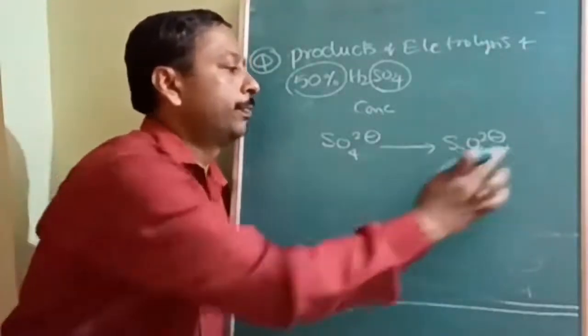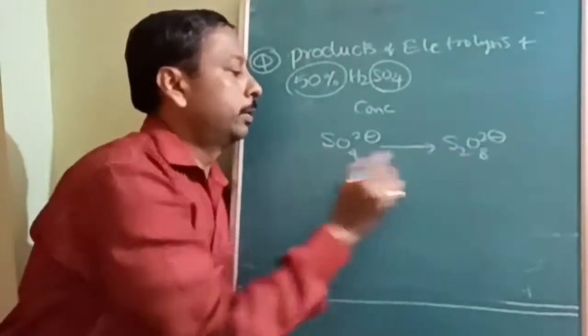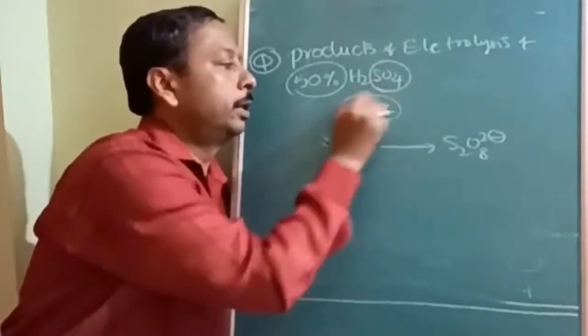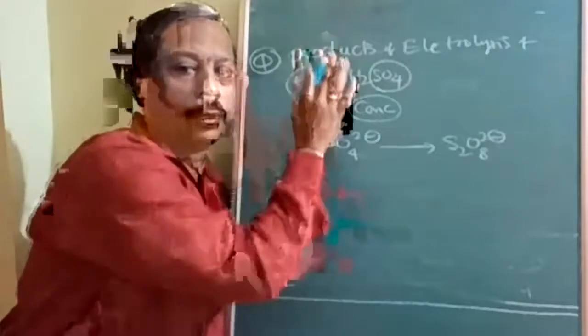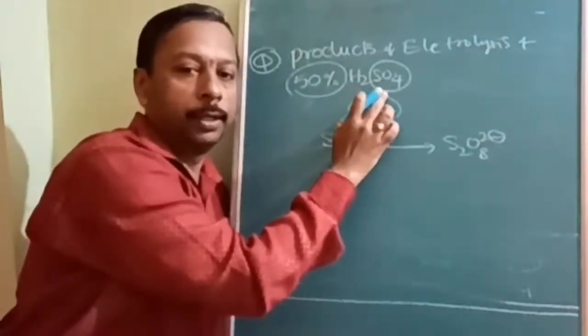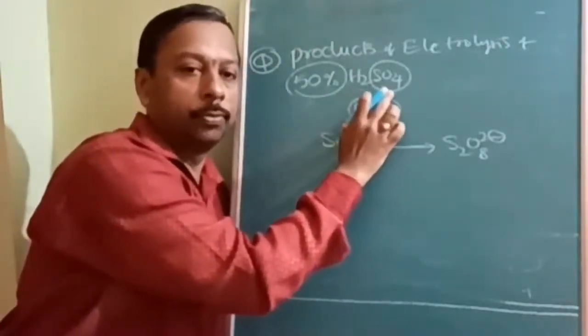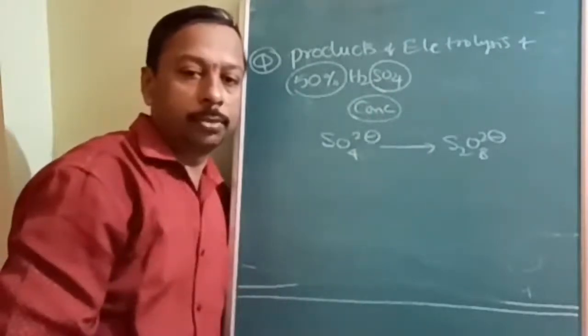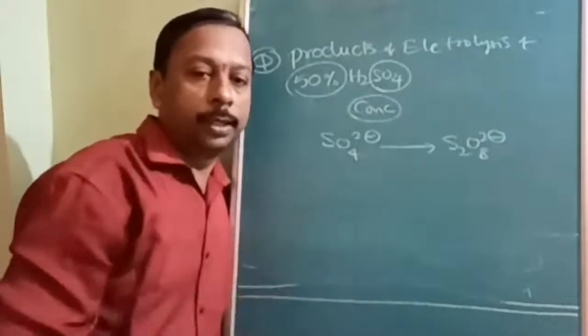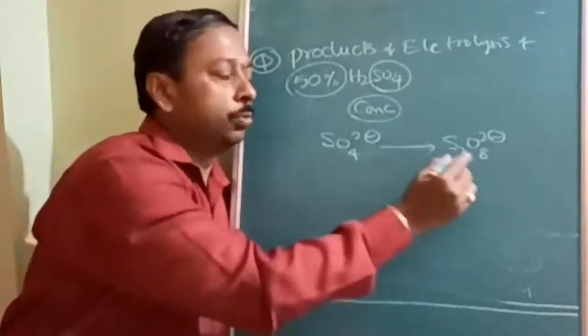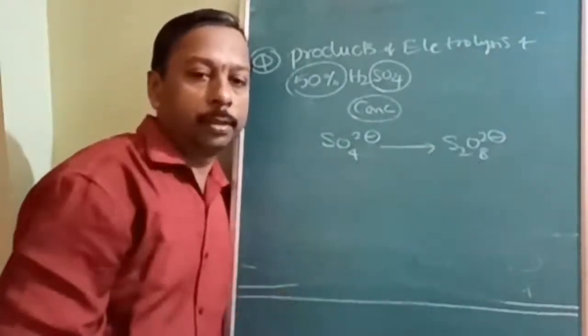So this is the reaction when concentrated. If nothing is mentioned, then H2 and SO4 will react. Is it understood? So remember, when 50% or highly concentrated is mentioned, H2S2O8 will be the product.